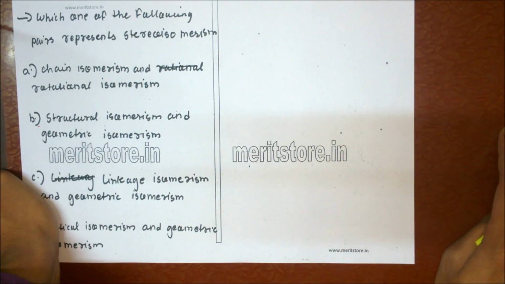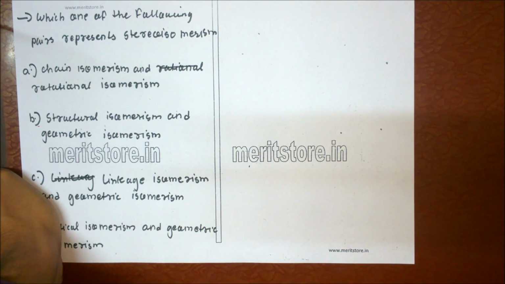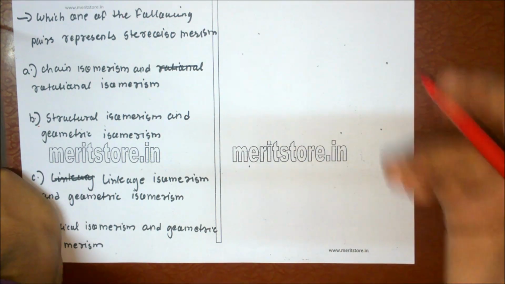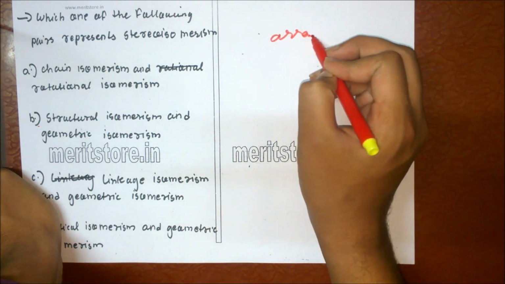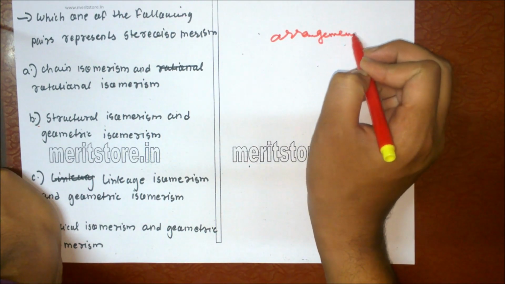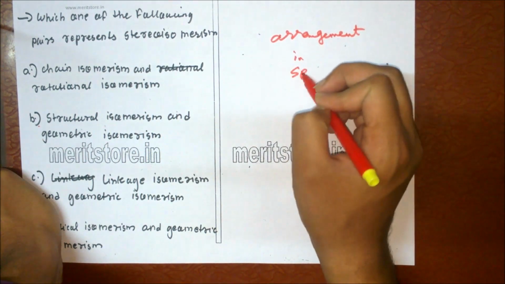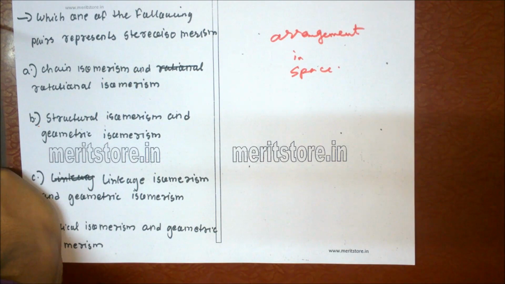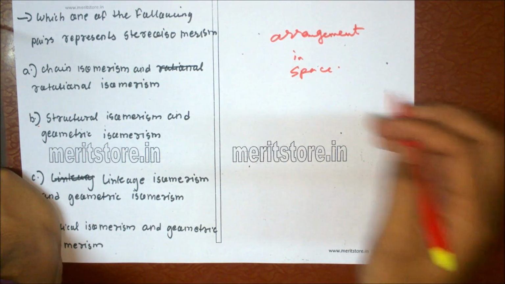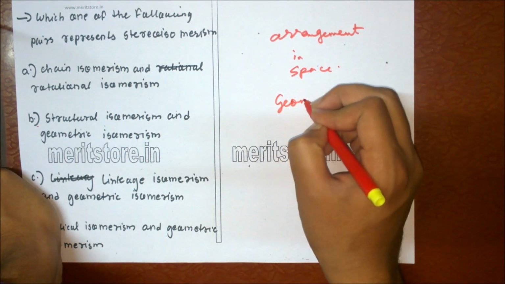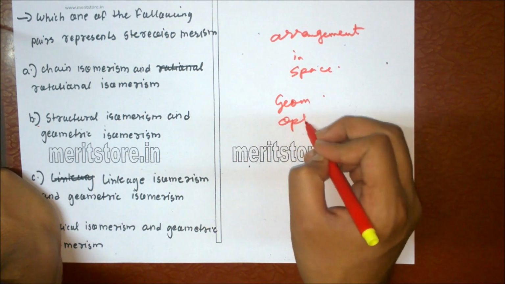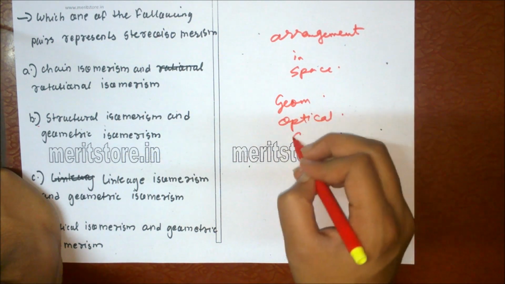When isomers have the same structural formula but differ in the relative arrangement of atoms or groups in space within the molecule, these are known as stereoisomers. So they differ in the arrangement in space. This is stereoisomerism. So stereoisomerism is of 3 types: geometrical, optical and conformational.